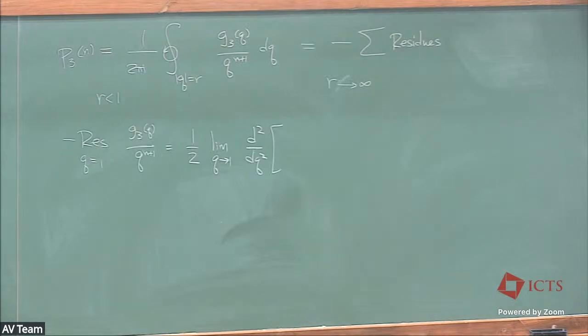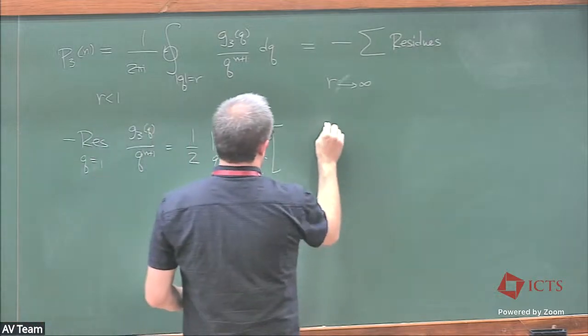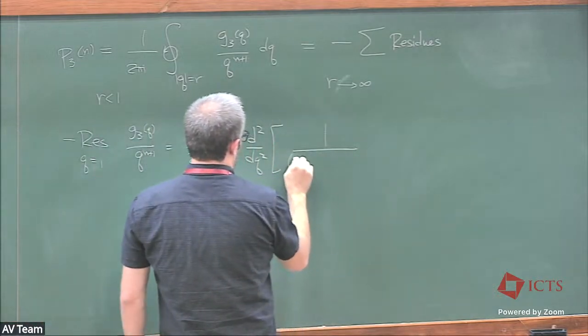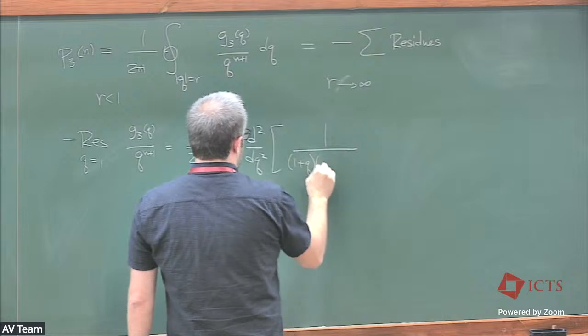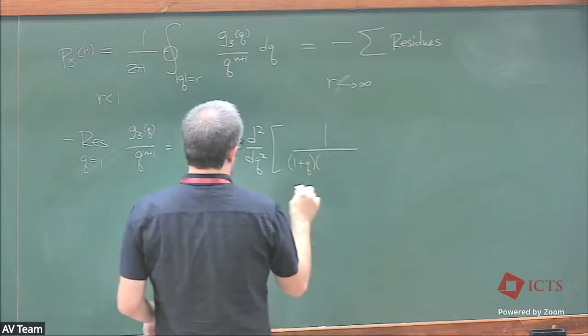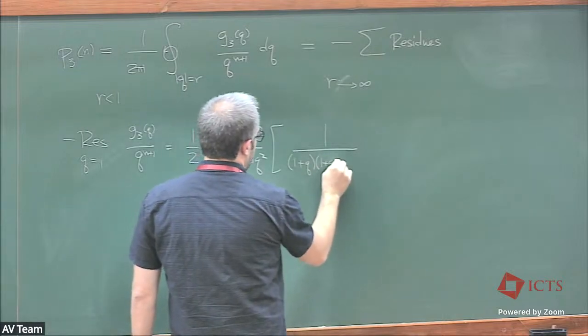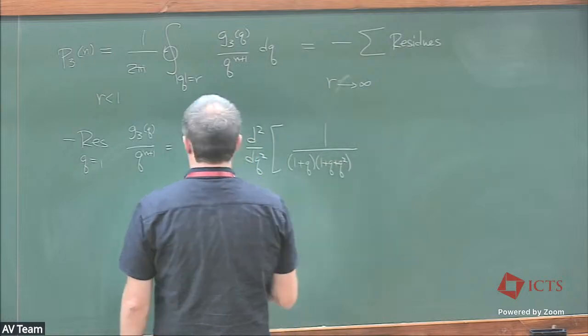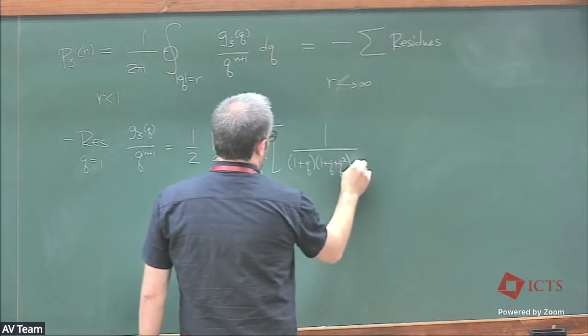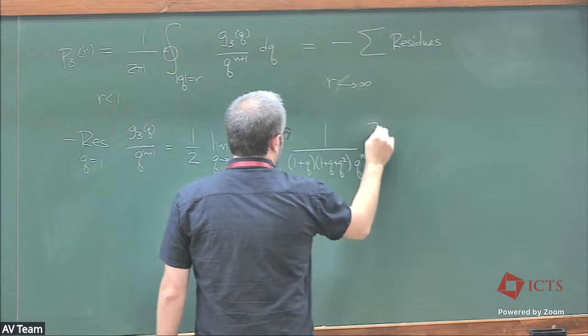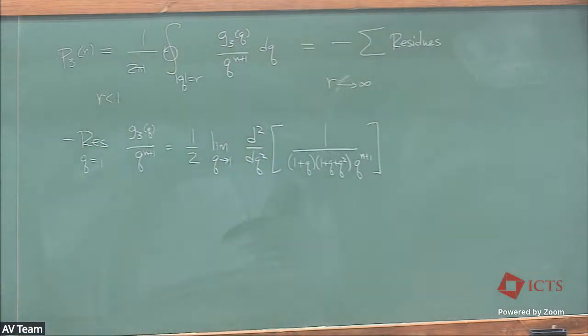So we're going to cancel all of those. And what we're left with is 1 plus q, and then when we cancel the 1 from the 1 minus q cubed, it's going to be 1 plus q squared. And then I still have this q to the n plus 1. Okay? And now if I actually do those two derivatives in front of you, I'm going to definitely embarrass myself. Nobody wants to see that, so I'll just tell you the answer.